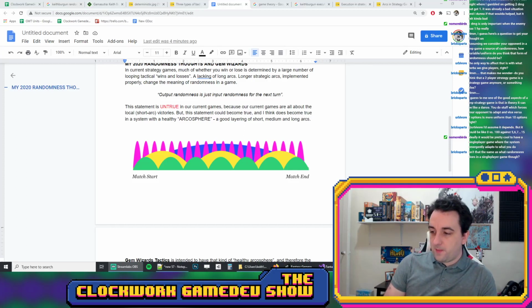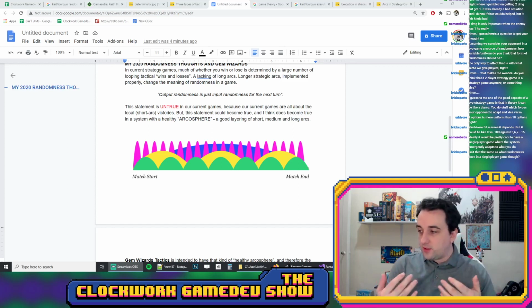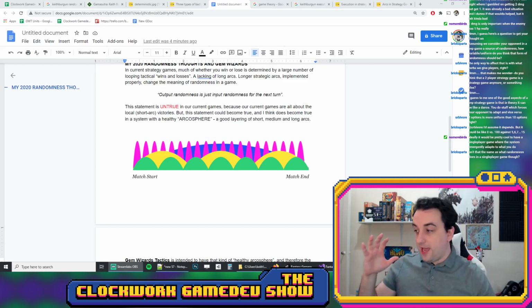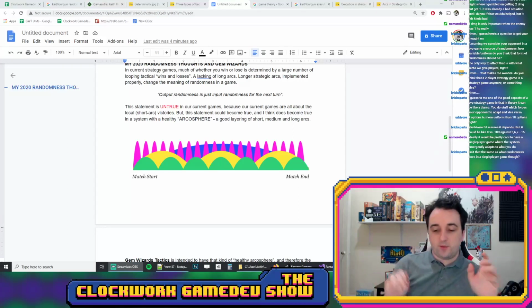I think also that strategy games are all about finding the win windows. And what I try to do in my one-player strategy games is create an uneven sort of triangle, where right now the AI is being a little more rushy, right now the AI is being a little more defensive, they're being a little more econ, and they're dancing around that.